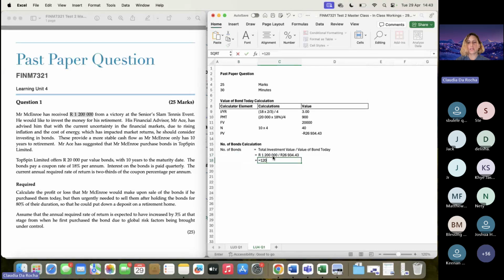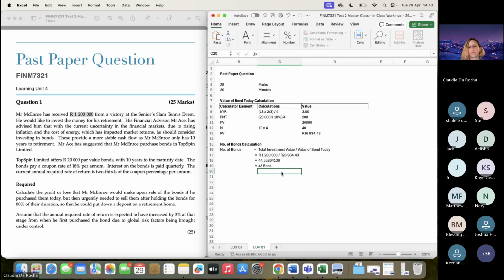So if I calculate it, I'm going to take out the negative for now. Okay, so I get 44.55, which is basically 45 bonds.